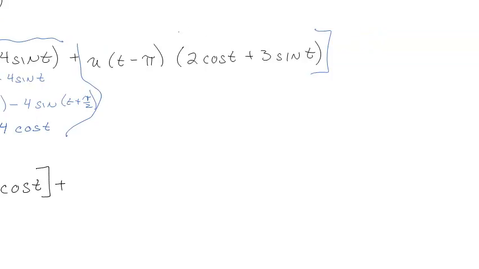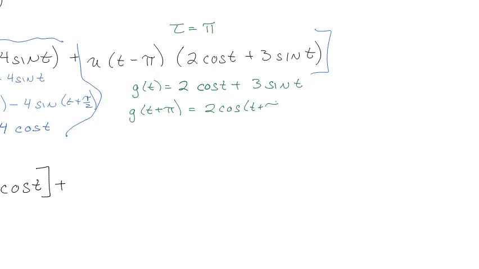Now this guy, in this section, our tau is going to be equal to pi, and our g of t is equal to 2 cosine t plus 3 sine t. So g of t plus pi is 2 cosine of t plus pi plus 3 sine of t plus pi.